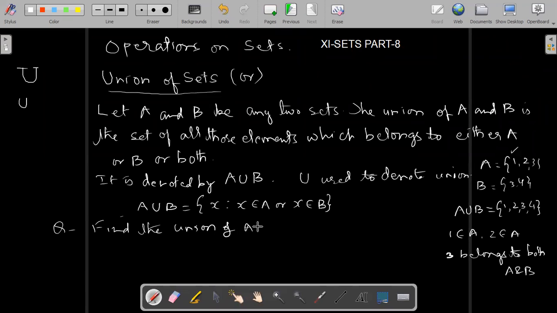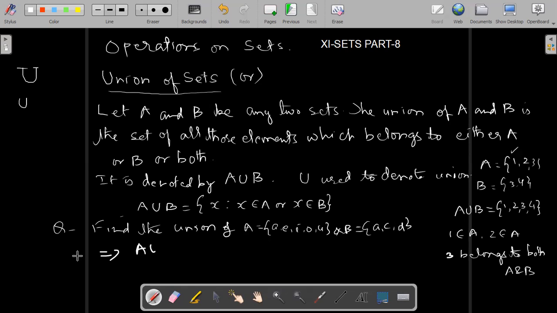Set A is A E I O U and set B is A C D. Okay. So A union B, how will we find?